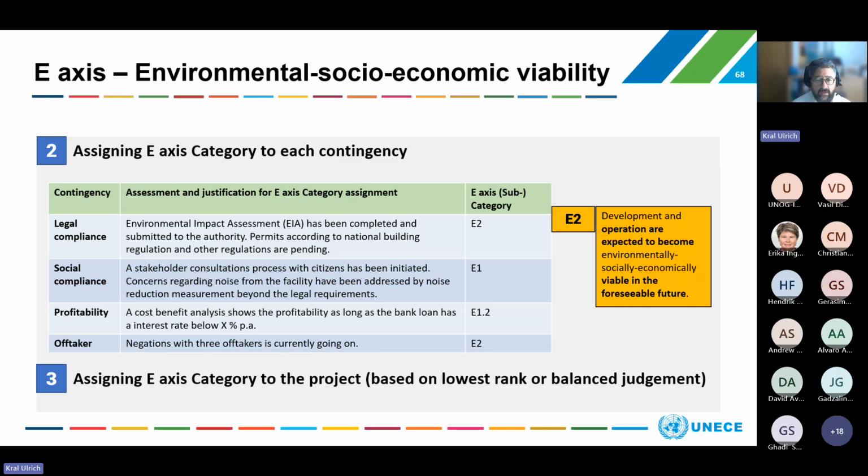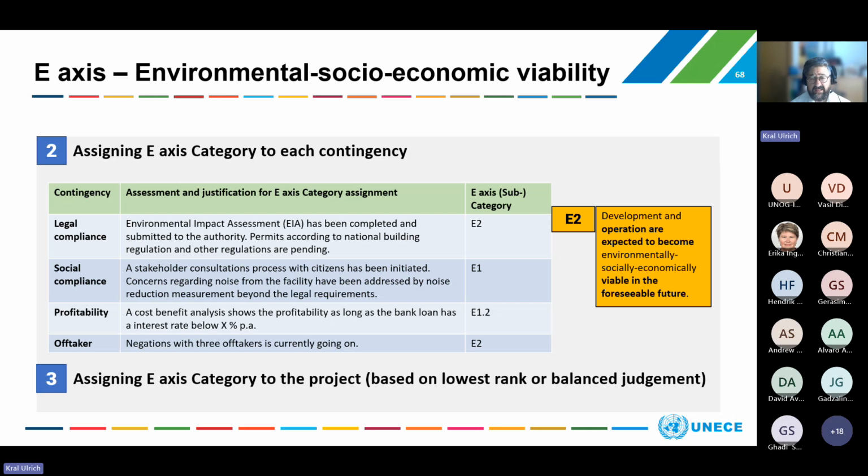So the next step here, if you provide these justifications, is that you select these categories, what you see here in the 3rd column. For the legal compliance, for instance, you write your justification, then you go to the UNFC document and say, okay, which category fits this justification? In this case, it's E2. E2 has a definition that says the development and operation are expected to become environmentally, socially, economically viable in the foreseeable future.